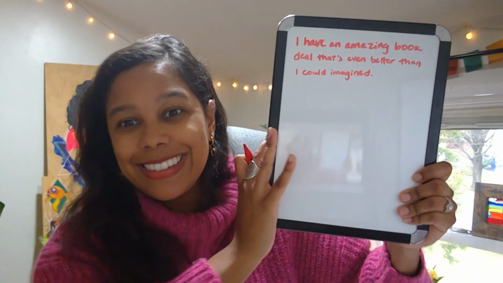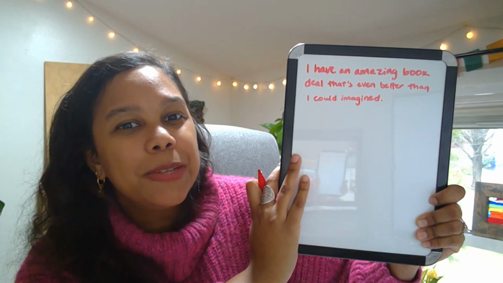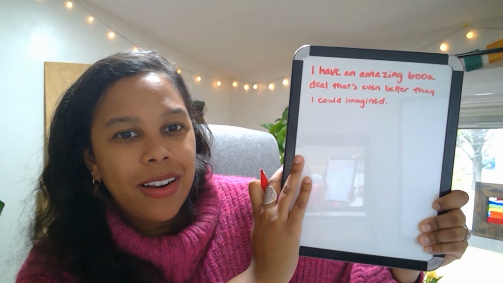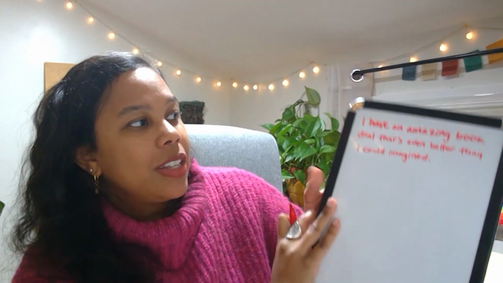So pretend this is a blank piece of paper in my journal. I have an amazing book deal that's even better than I could have imagined. So now what we're gonna do, there's different ways to do this. I'm gonna show you two ways. So this is number one.